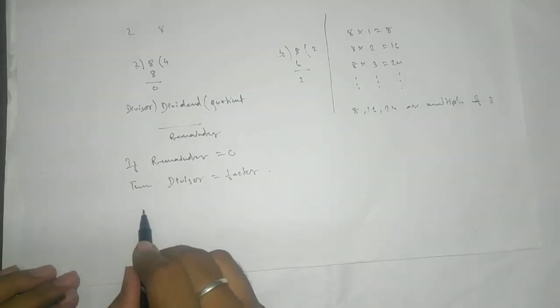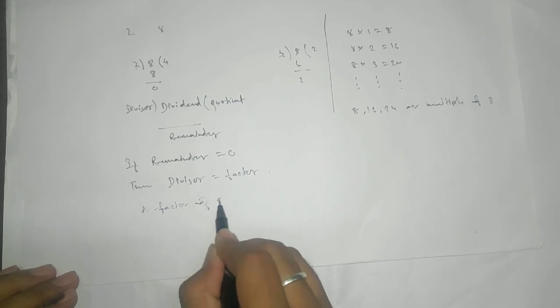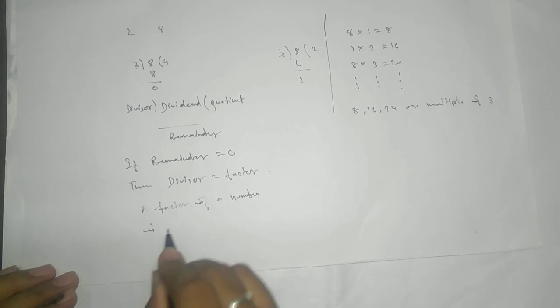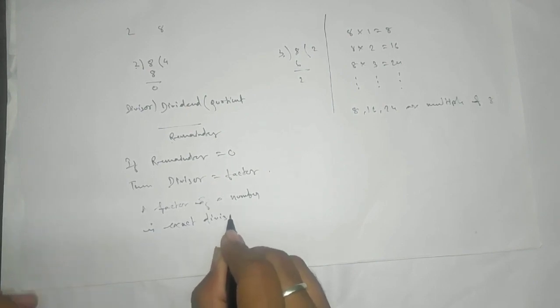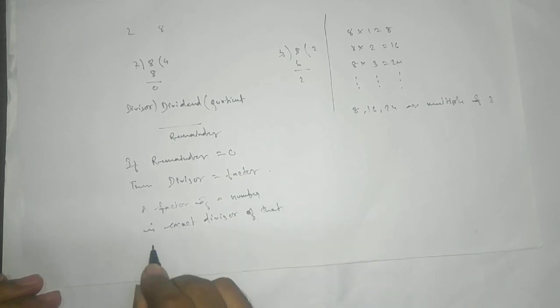That means a factor of a number is an exact divisor of that number. And a multiple is what?